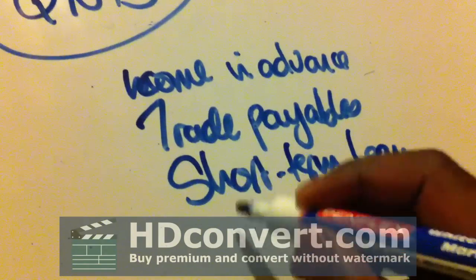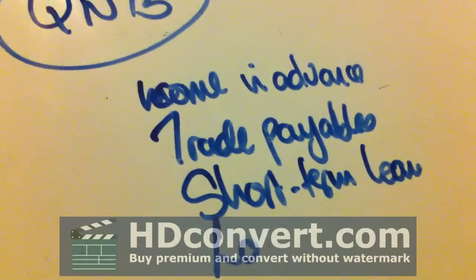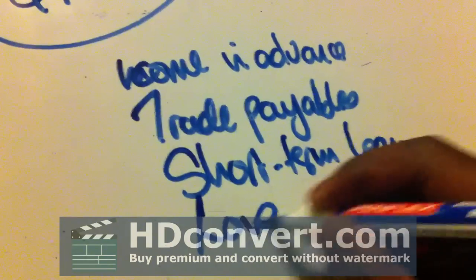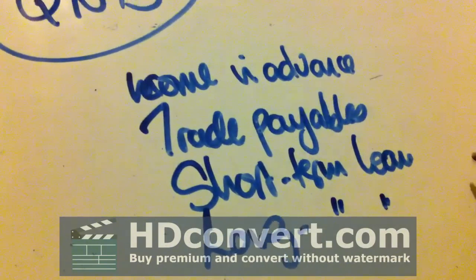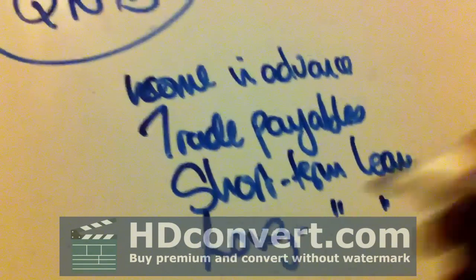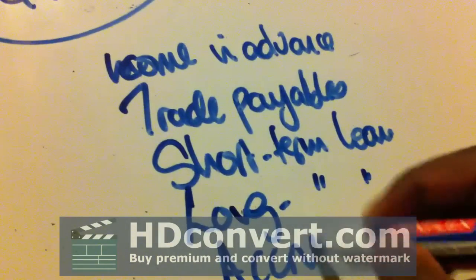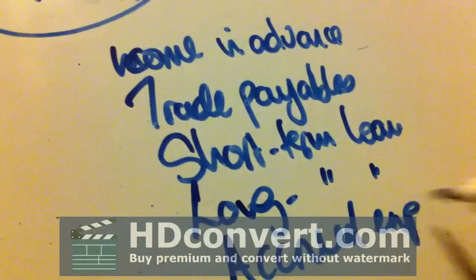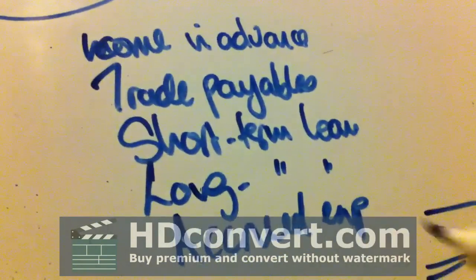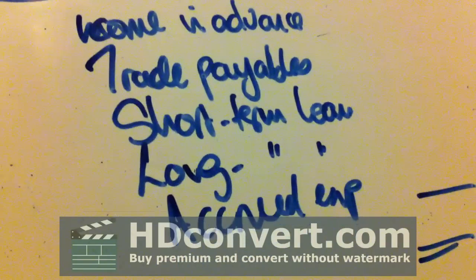It's a liability. You add. Then you get long-term loan. It's also a liability. You add. And then accrued expenses. It's a liability. You add. So you'll be taking these figures from the table, and then you add them along.